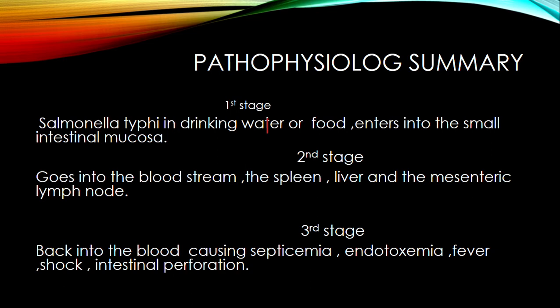So then in the third stage, we see that the bacteria, the Salmonella typhi, comes back in the blood now for the second time, causing septicemia, and the patient starts to show signs and symptoms of the disease.